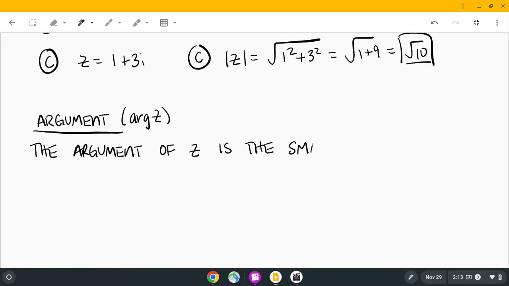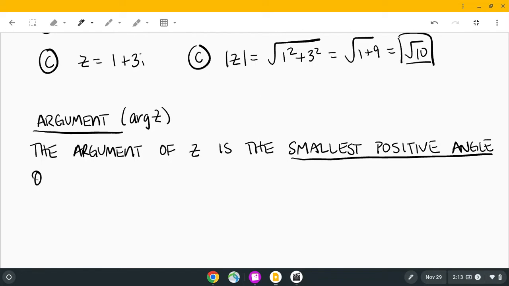It's the smallest positive angle theta from the positive real axis to the graph of z.